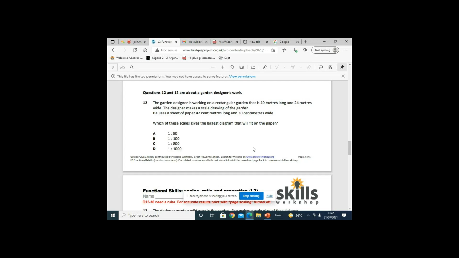That's 50. 50 will not fit in because this one is 42 centimeters long. Is it okay?